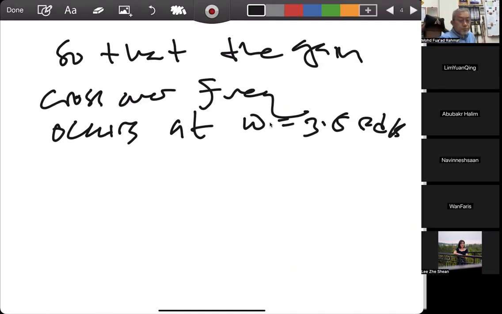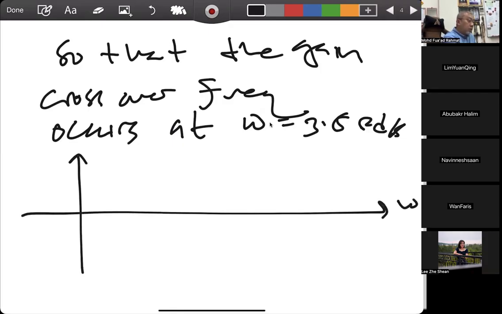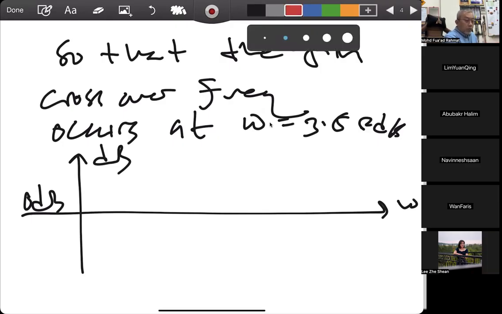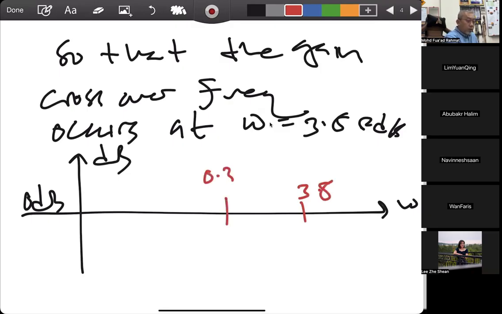Okay, so that's why we draw the Bode plot. Okay, 0 dB. Okay, so this is your 3.8. This is your 0.38, the ZC. Okay. And then so it is minus 10.2. Okay.